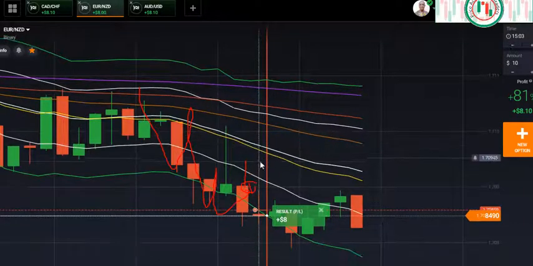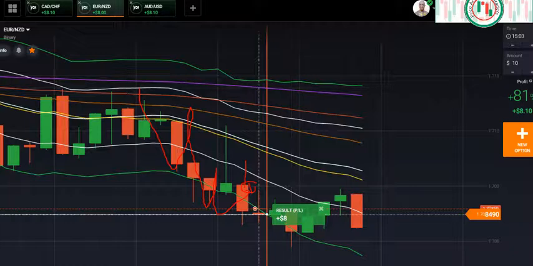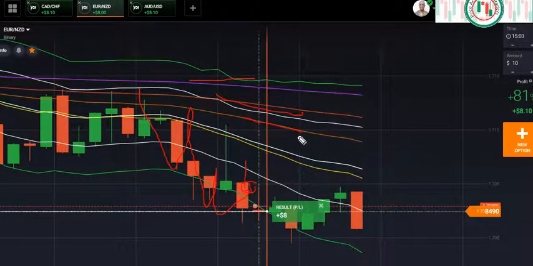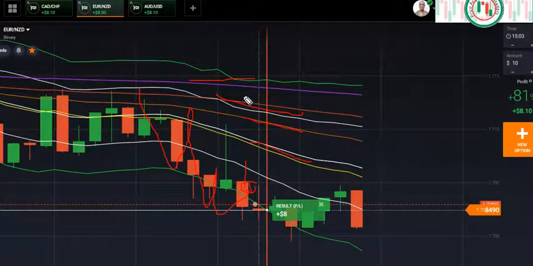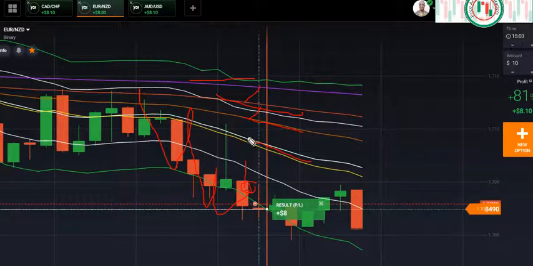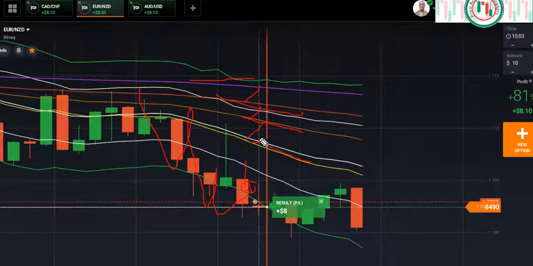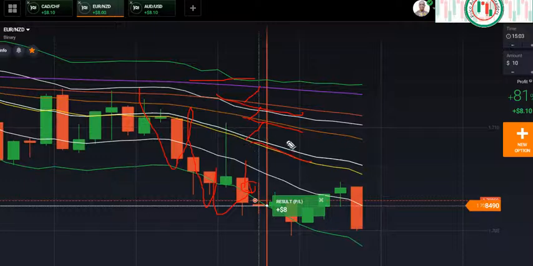You see this EMA, you can see 200, 150, 20. They are going far between each other. So that's why I know the market will no more go up. So that's why I placed my trade.